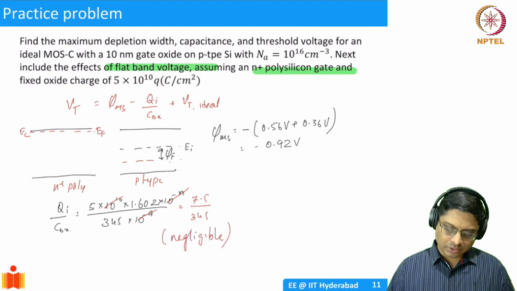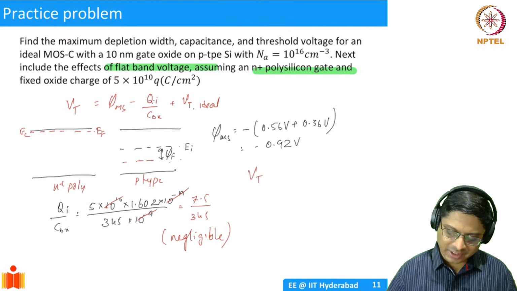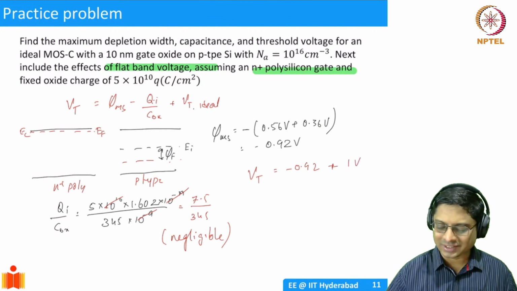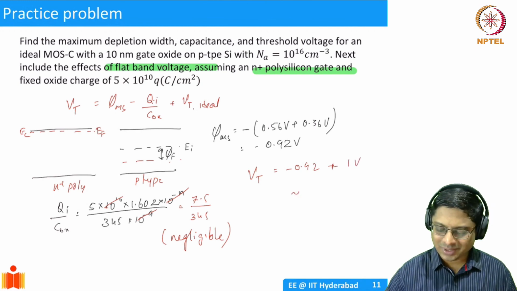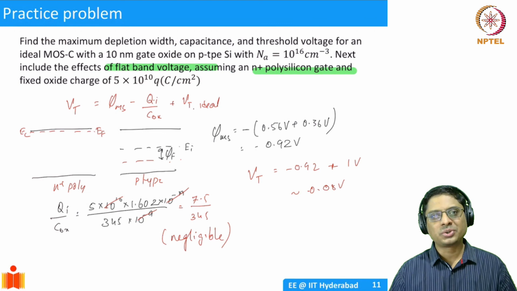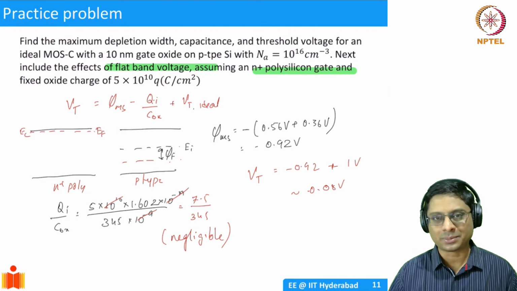Okay. So what is going to be my VT? VT is going to be minus 0.92 plus, we said it's 1 volt or something like that, right? So this is going to be simply 0.08 volts, something like that, okay, in that range. So you see, this is one advantage of actually choosing N plus poly with P-type substrate.